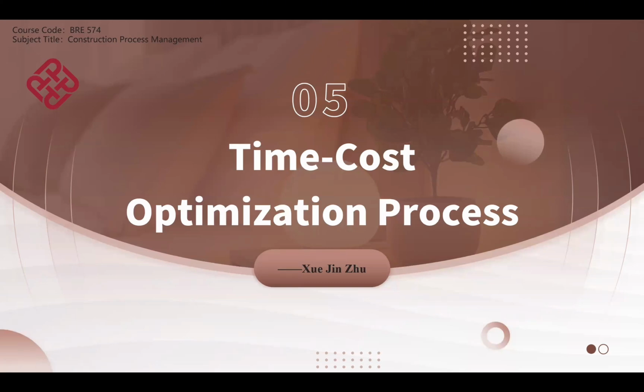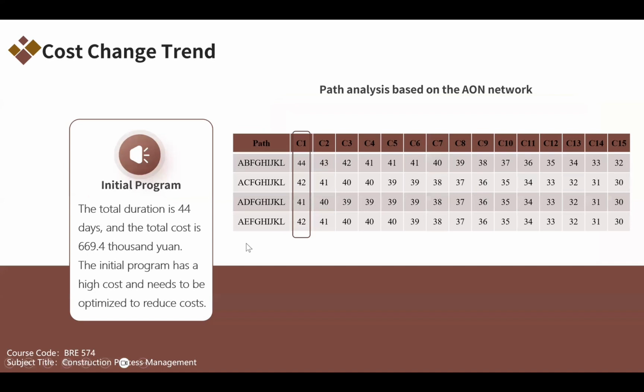Hello everyone, my name is Xu Jingzhu. Next, I will introduce the calculation part of our group project. After knowing the conditions such as construction period and cost, we calculated that the total construction period of the normal plan is 44 days, and the total cost is 669,400 yuan.